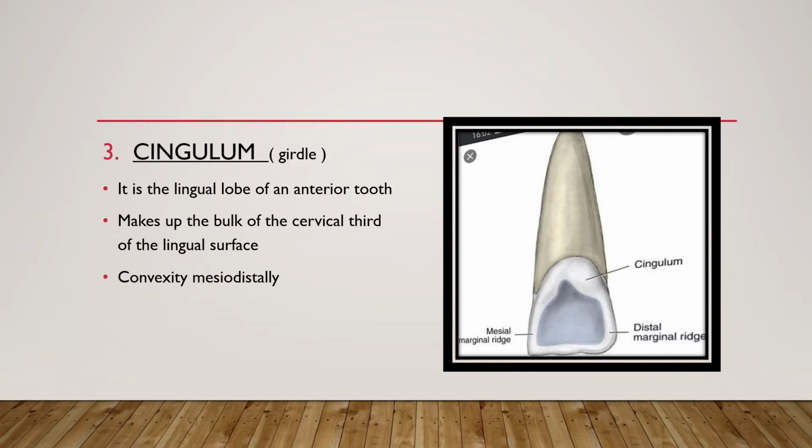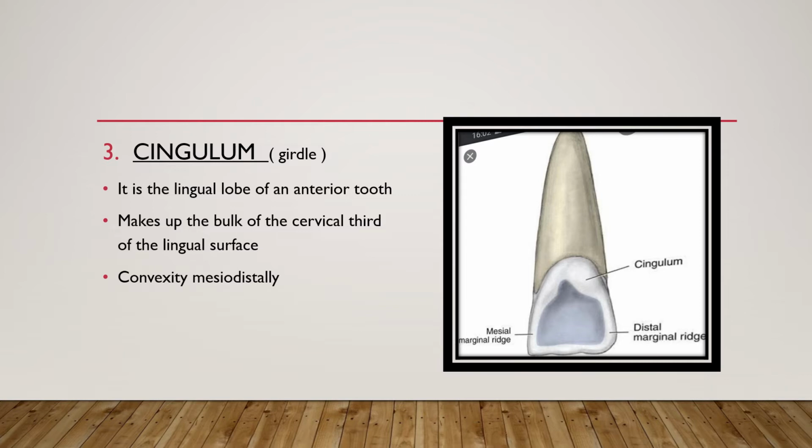Now, what is the cingulum? The cingulum is the lingual lobe of an anterior tooth. It is present on the lingual surface of the anterior tooth and it is found on the cervical third of the tooth. So, it makes up the bulk of the cervical third of the lingual surface.